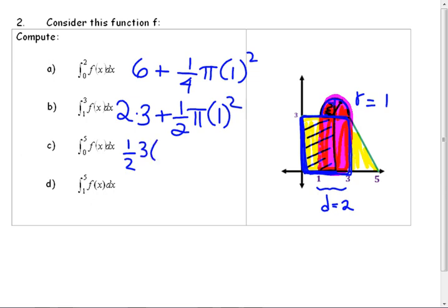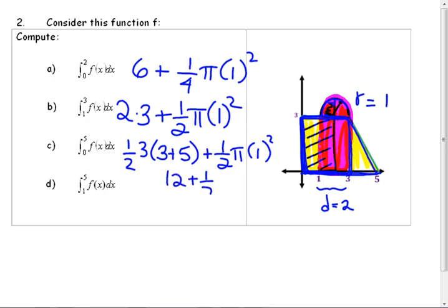And then you add the bases. So we did the trapezoid there, and then we added the semicircle. So that's 12 plus 1/2 of pi.